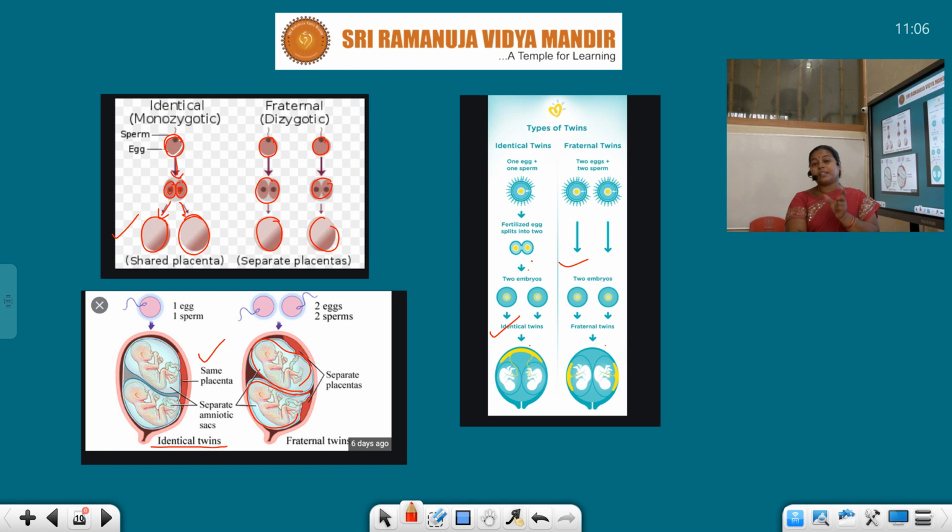Please don't memorize blindly. First give importance to the structures. Draw the diagrams minimum two or three times. When you get perfection in the diagrams, obviously you can have an idea about the different structures and their roles and functions, everything. So you can answer the particular question very easily.